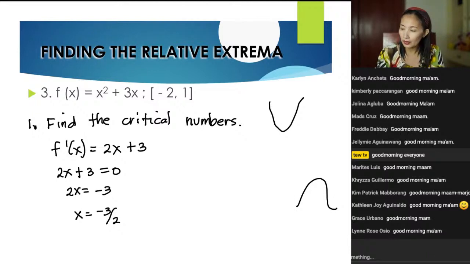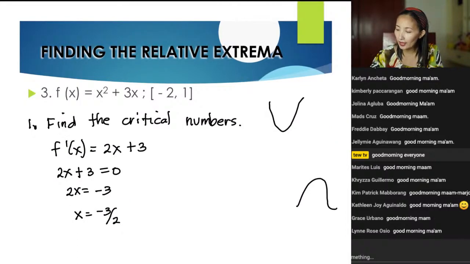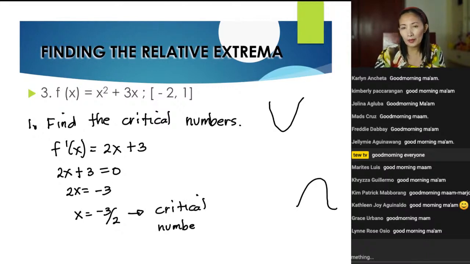Now, step number 2 says we find the critical value. Take note that this is the critical number. Now, what about the critical value? The critical value is the function value at x equal to negative 3/2, or at the critical number.